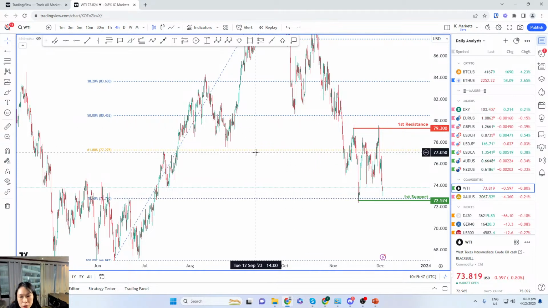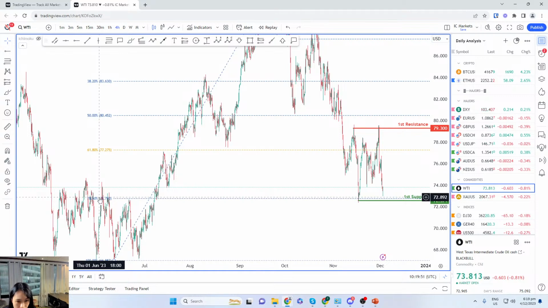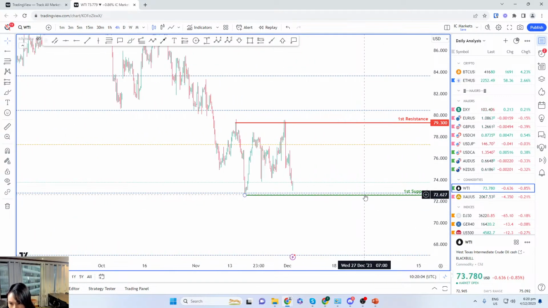Okay, so I have drawn the Fibonacci retracement and you can see the price. You can see that at the 78.5 level, it's also near the first support line. So I think the price will react quite strongly here. I think this will act as a strong support, whereby the price will bounce off the first support and also the Fibonacci level and move up to the first resistance level.